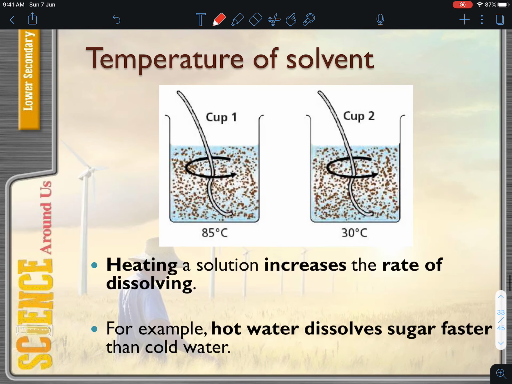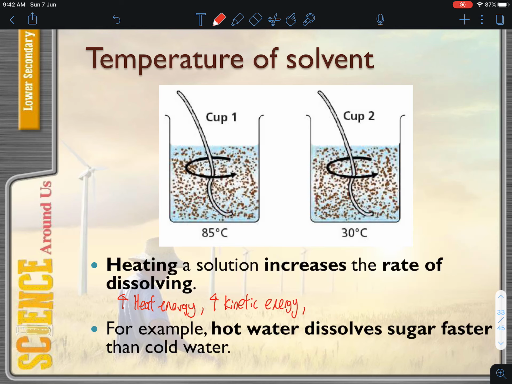When we look at temperature of a solvent, heating a solution increases the rate of dissolving. For example, when you use hot water, you dissolve sugar faster than cold water. The reasoning is that when you have an increase in heat energy, you increase the kinetic energy.